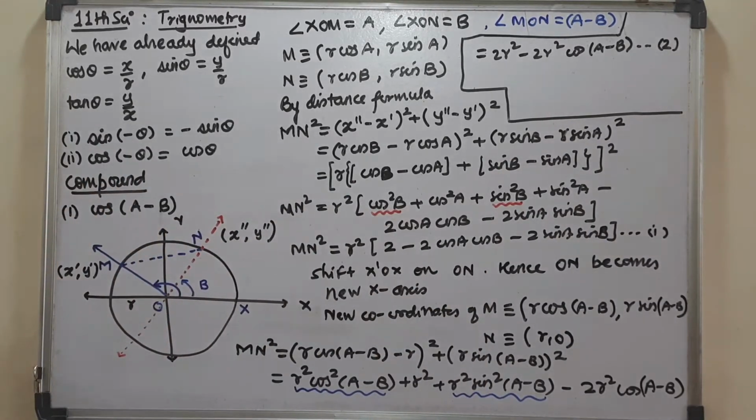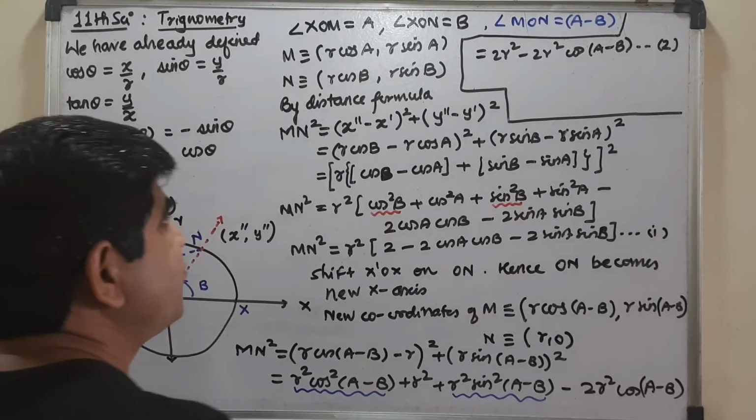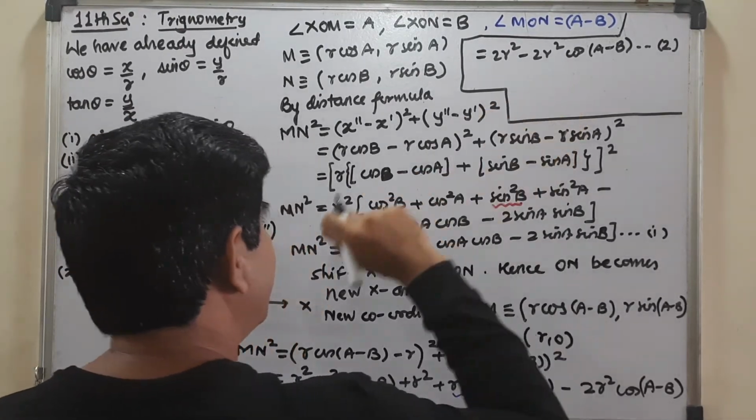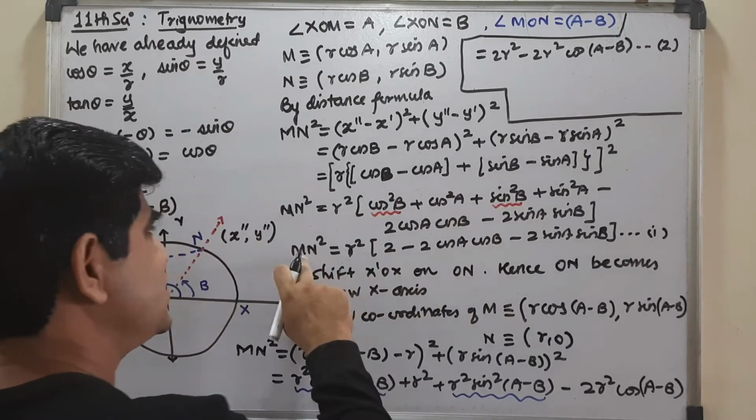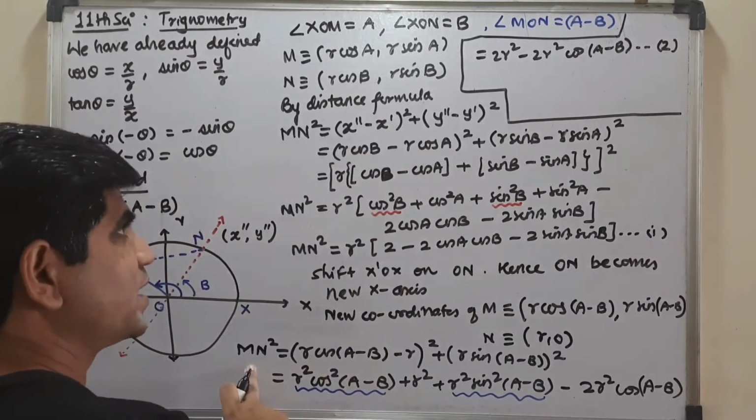Now if you see the first one and second one, both are MN square. So from 1 and 2, if you compare, this MN square is equal to this MN square.